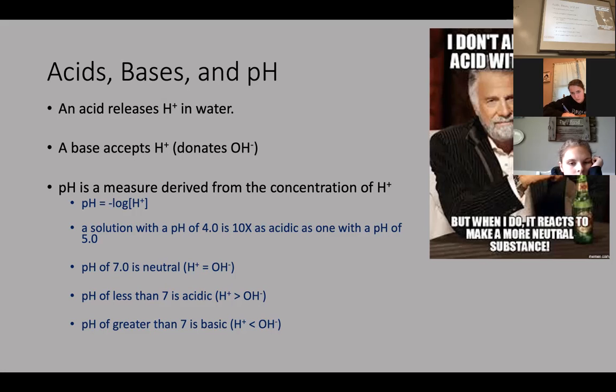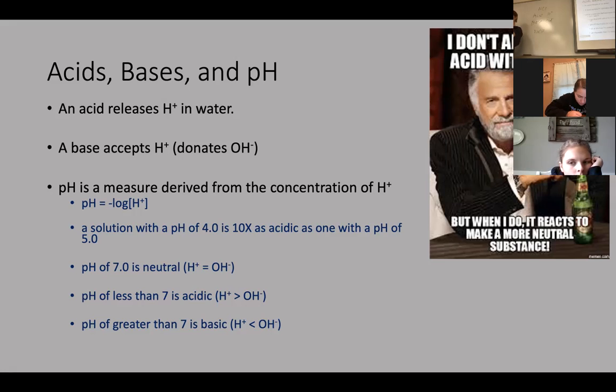So how do we actually measure pH? Sorry guys, you can't see that. Maybe that's helpful. pH is sort of a complicated looking formula, but really all it's doing is measuring how many hydrogen ions there are, how many H+ there are in a solution. If there's more H+, does that make it more acidic or more basic?